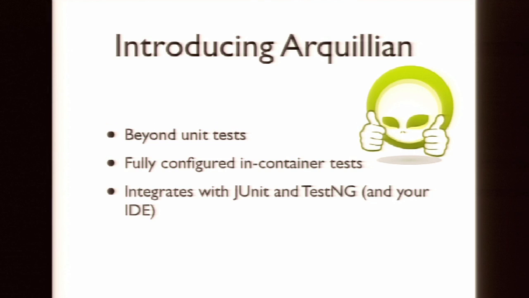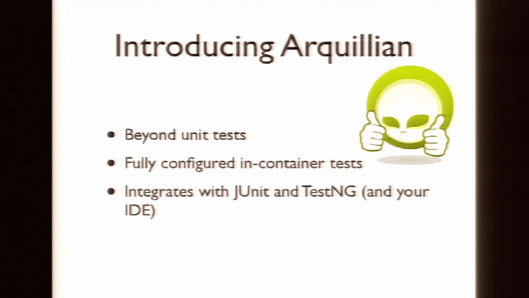Now, if you want to test applications in a container, you have tools like Arquillian that provide a very good way to bridge the gap between Java EE code and testing.